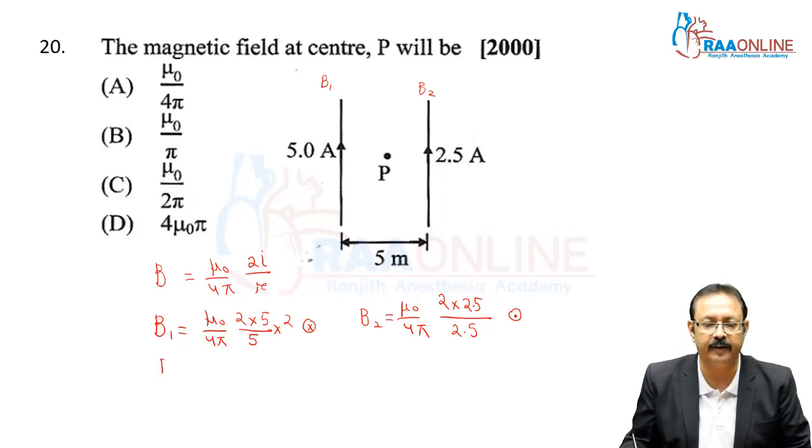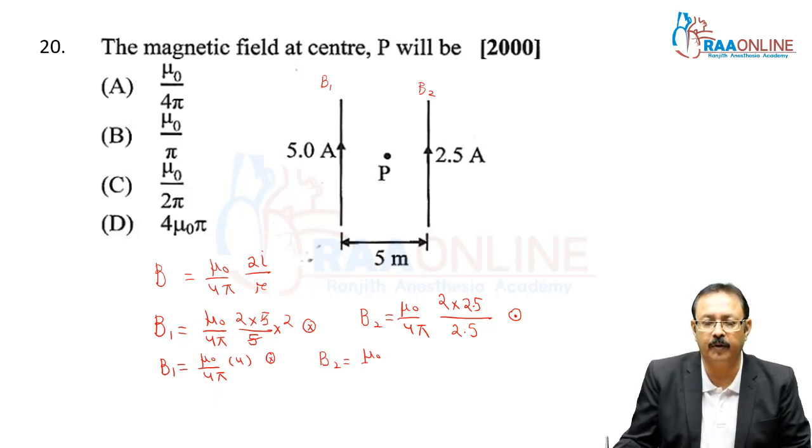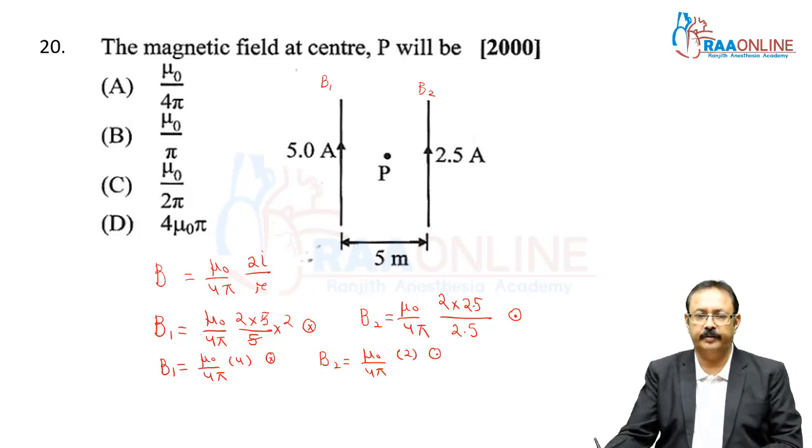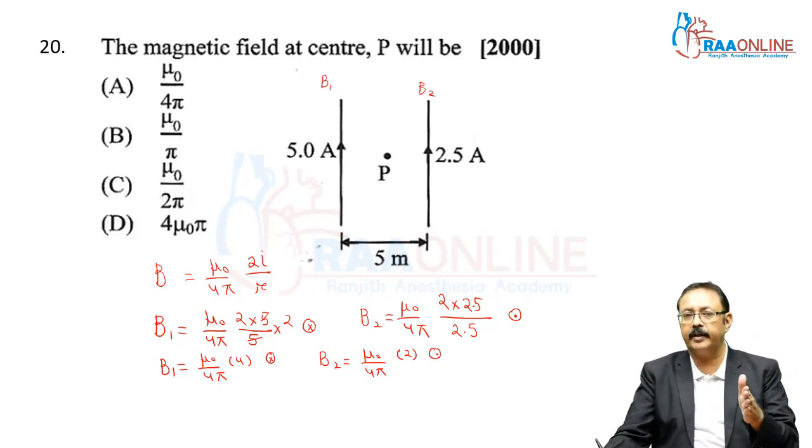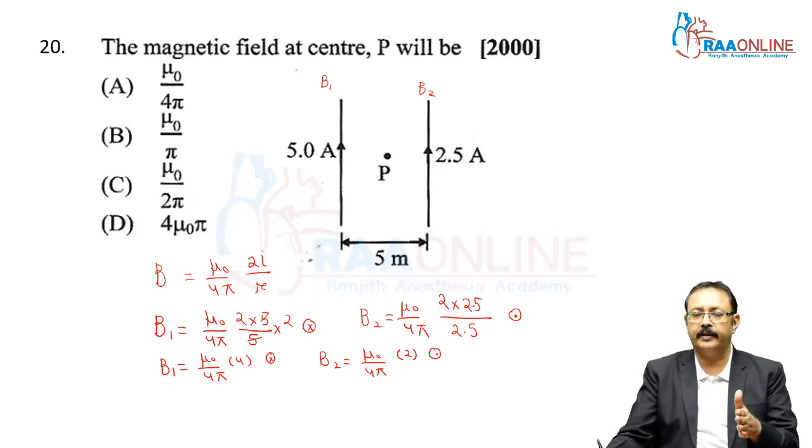What is B1? B1 is mu naught upon 4 pi, 2 into 2, 4 in inward direction. What is B2? Mu naught upon 4 pi into 2 outward. They are not talking about direction, but we should be aware of that.